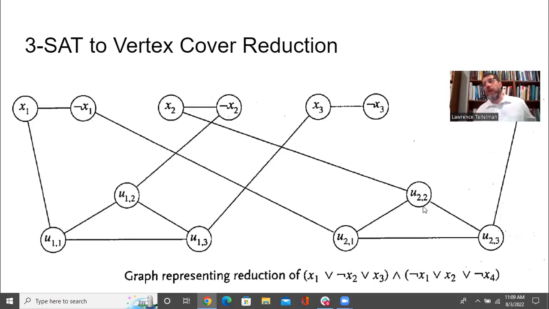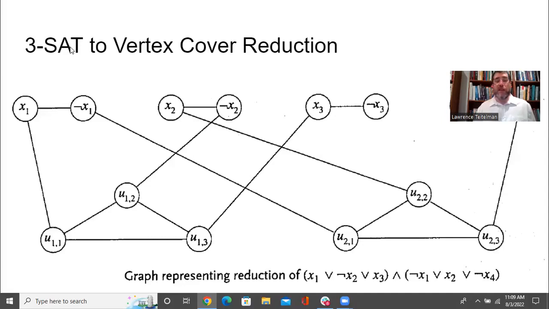So the takeaway here, again, I'm less concerned with this proof, but the takeaway is so you understand the basic concept. The basic concept here is I have a problem that I don't know whether it's NP complete or not. So what I do is I take a problem that has already been determined to be NP complete, let's say 3-SAT, which was proven by Cook and Levin back in the 1970s. And I say, well, if I can solve vertex cover, then I've effectively solved 3-SAT as well.